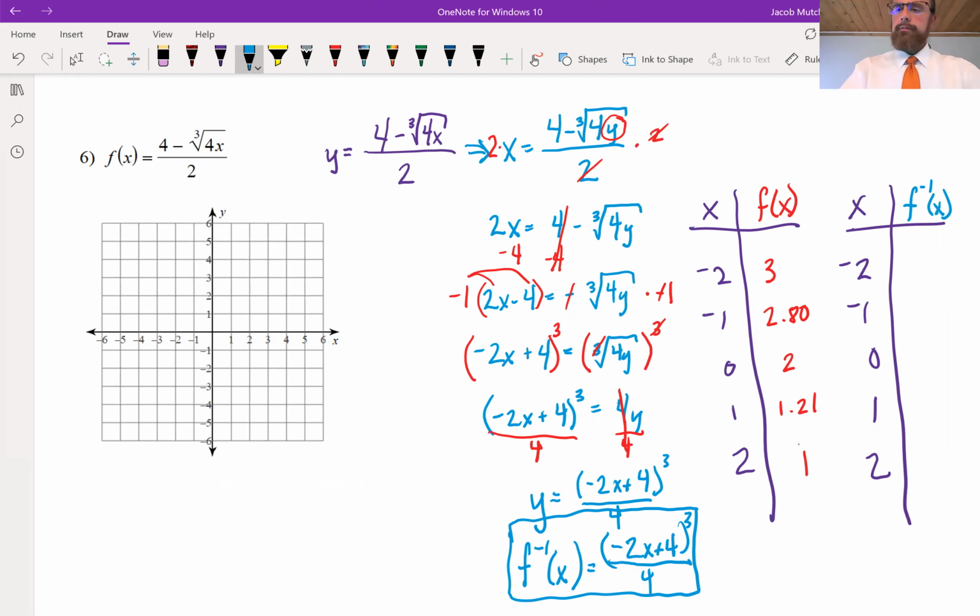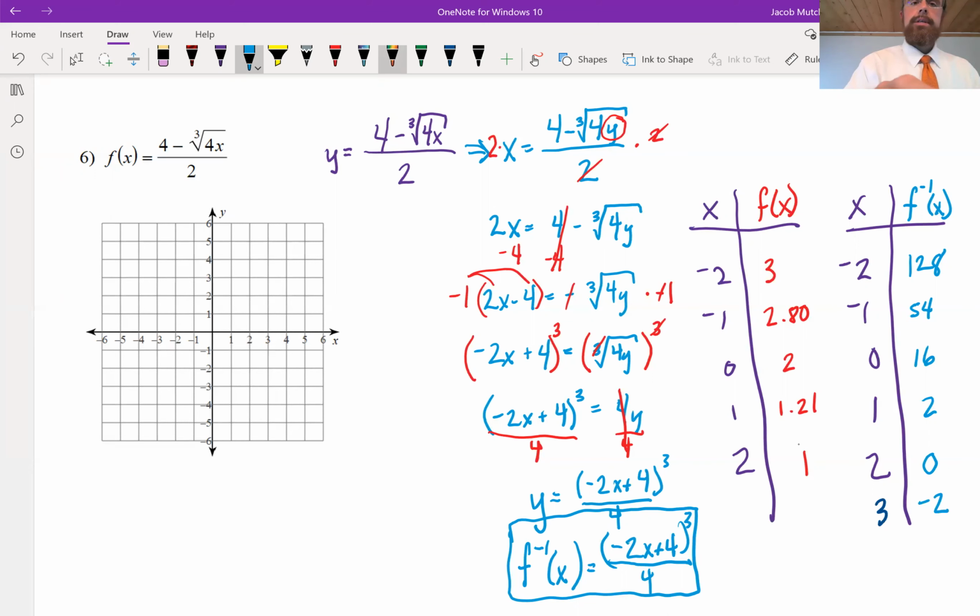For the inverse, negative 2 is 128, negative 1 is 54, 0 is 16, so the y-intercept is off the graph, 1, 2, and 2, 0. And then we did incorporate another point here, so let's write it in. 3 we included, and its output is negative 2. Make sure we keep that in our blue color.